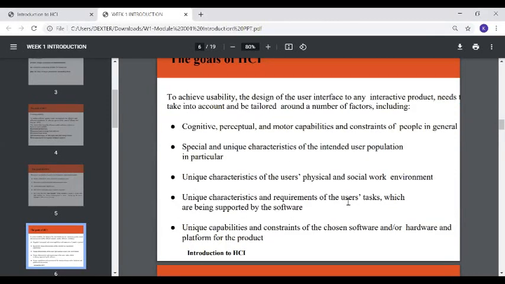So the goal of HCI is to achieve usability. The design of the user interface to any interactive product needs to take into account and to be tailored around a number of factors, including first, cognitive, perceptual, and motor capabilities and constraints of people in general.